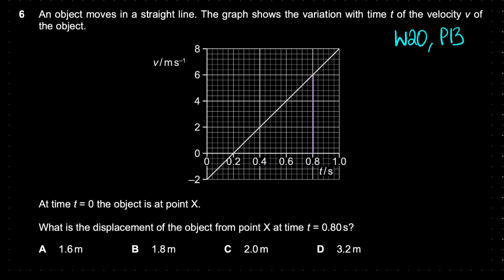So we know that the area under the velocity time graph corresponds to displacement. But the problem is that unlike a speed time graph, velocity is a vector. The hint to that is given by this area right here.